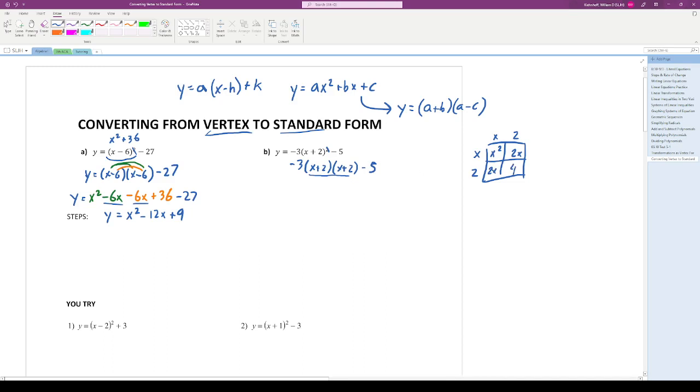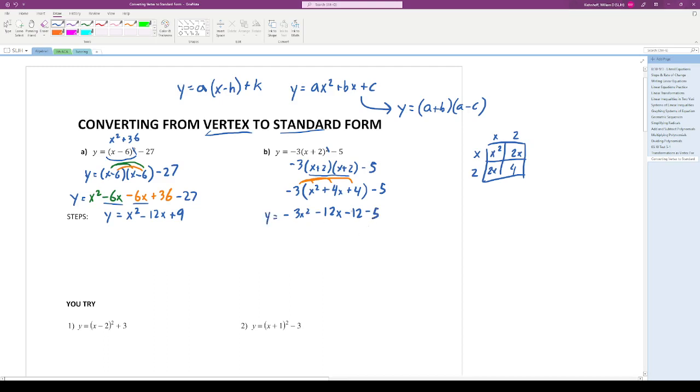So I'm going to replace this with our trinomial here. So we have negative 3 times x squared plus 2x and 2x makes 4x plus 4, and then minus 5. Here we need to distribute this minus 3, so we're going to distribute that way, and we get negative 3x squared minus 12x minus 12 minus 5.